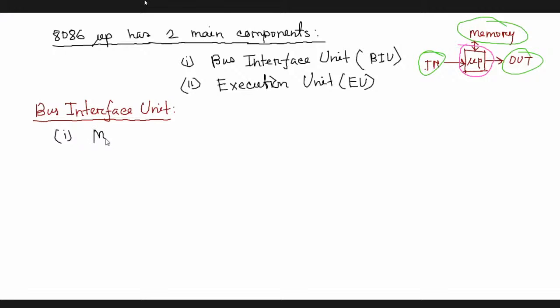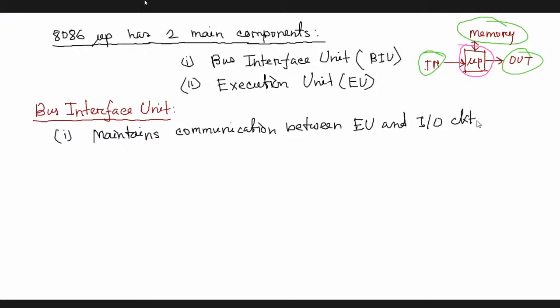It maintains communication. That's why it is called bus interface: it is interfacing between buses. Bus means where to transmit data. There are three types of system buses we already discussed. So it maintains communication between the EU, the execution unit, and the IO circuit, the input-output circuit. What does that mean?